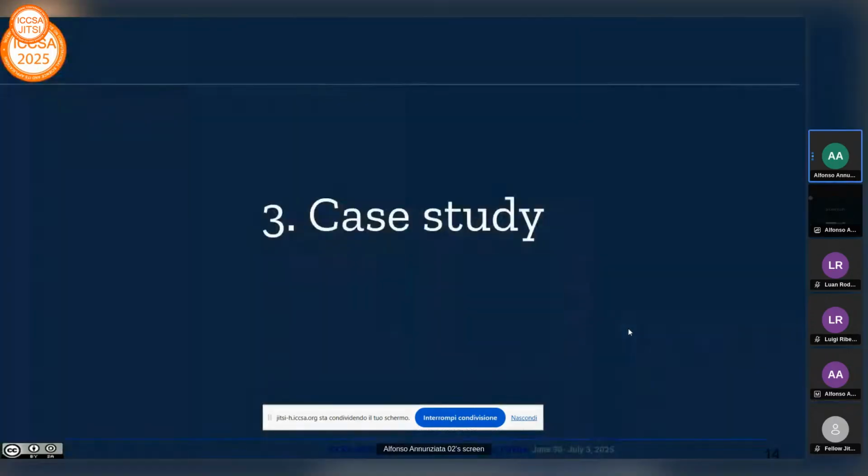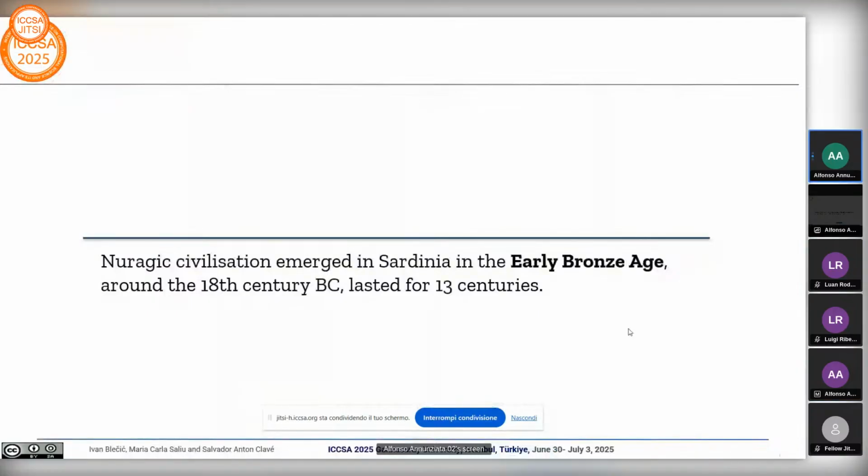Let's now move to an ongoing case study, which is one of the three case studies of my research. We are in an Italian case study in Sardinia, which is an Italian island, where the Nuragic civilization emerged in the early Bronze Age around the 18th century before Christ.